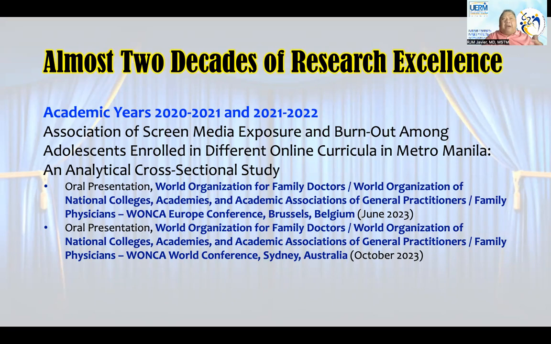When we're talking of the PAASCO accreditation, accreditors look into the quality of research papers that our students produce. And these are all testaments on the caliber and the quality of research papers that we come up with in the Department of Preventive and Community Medicine of the College of Medicine of UERM.